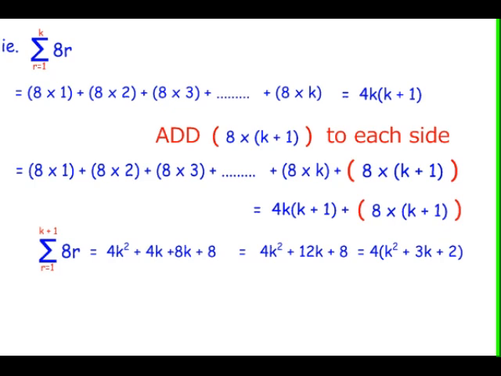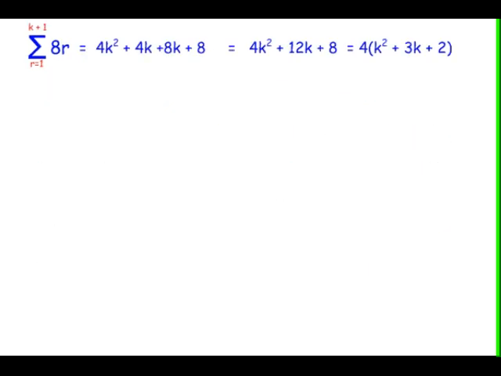Common factor of 4, and we take that outside a set of brackets with k squared plus 3k plus 2 inside. We can factorise the k squared plus 3k plus 2. So that the sum r equals 1 to k plus 1 of 8r is 4, and factorising k squared plus 3k plus 2 is k plus 1 times k plus 2.